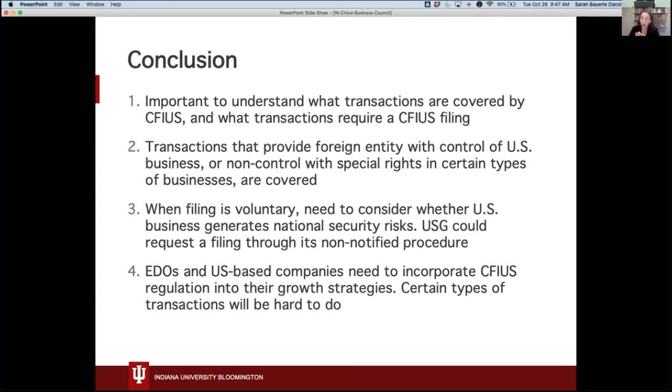It doesn't provide information on the exact transactions because that is confidential information. But that can help you see that in the past, there have been a lot of filings around critical infrastructure, especially things related to telecommunications and the electric grid and so forth. And increasingly, there have been more filings around critical technology.